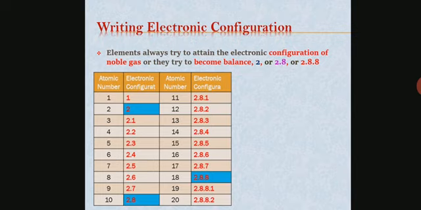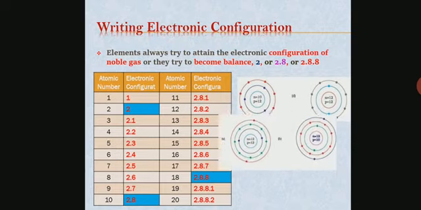Valence electron is 7, which is more than 2, so we have to add 10 to this 7, it becomes 17, so it belongs to group 17. So in this way we can find the position of an element by writing electronic configuration in the modern periodic table.